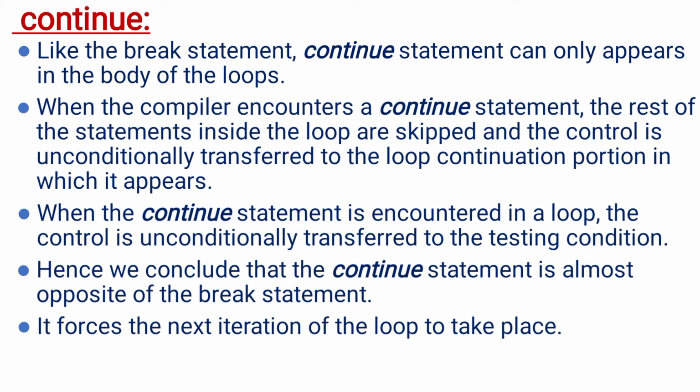Whenever the continue statement appears, it transfers the control to the condition. So from the checking of the condition, the loop continues its execution. That means it is the next iteration. Let's see the syntax. We can write simply continue semicolon inside the loop. Next we will see goto statement.